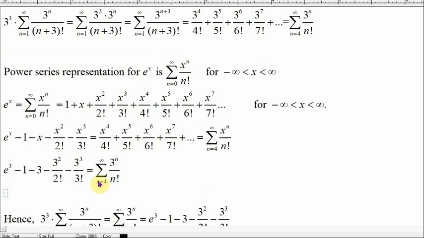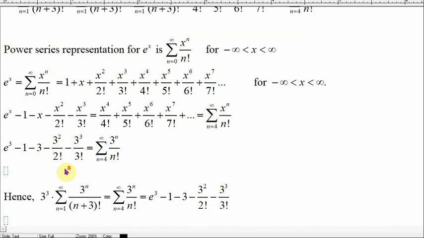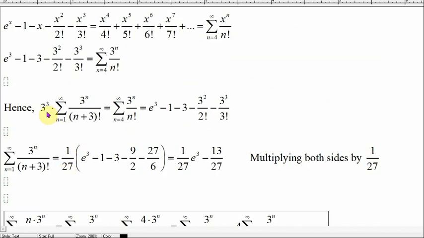And therefore this expression right here, 3 to the third times this summation, is equal to this. And that's what we have right here.